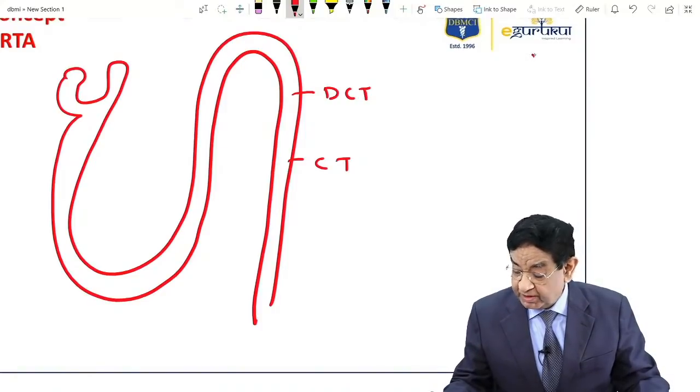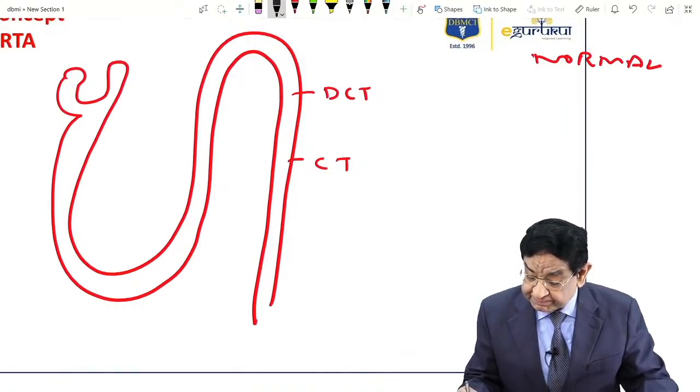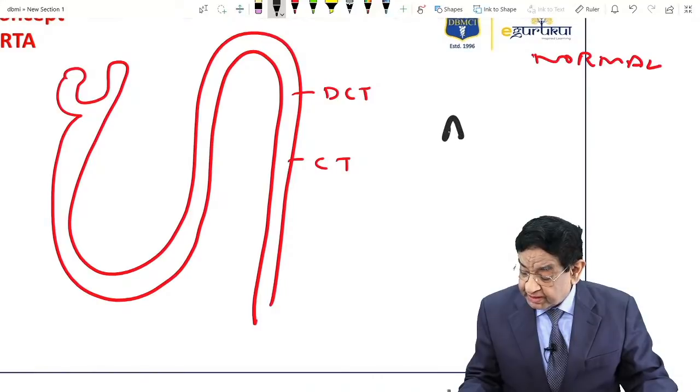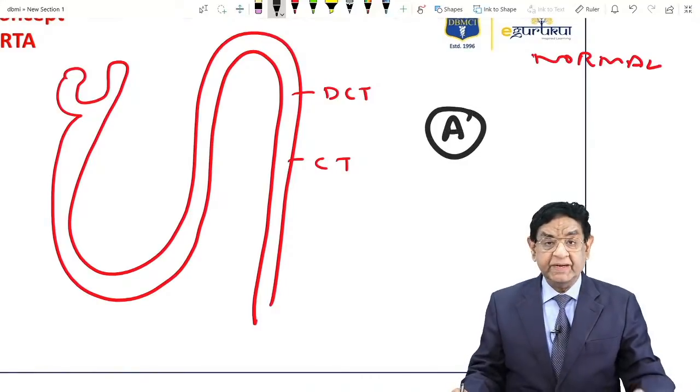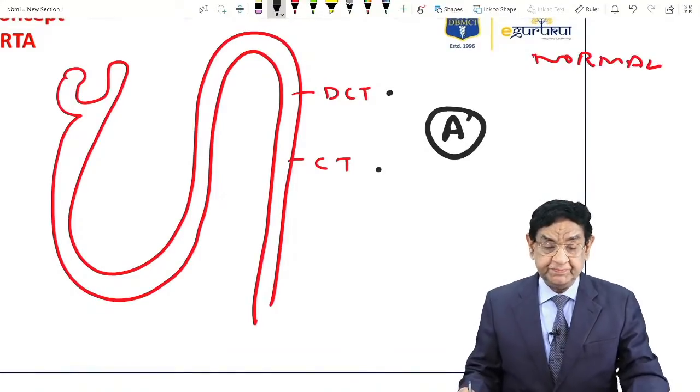First we learn what happens normally, then only we see what goes wrong. Normally, let's presume aldosterone comes. All of us know that aldosterone acts in the distal part of the DCT and the collecting tubule.